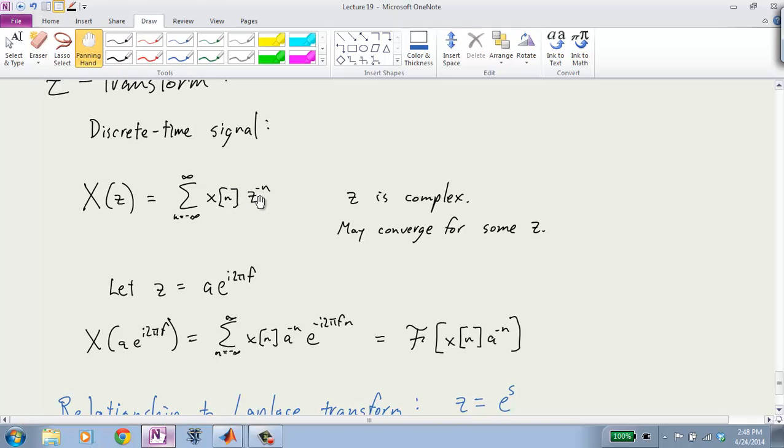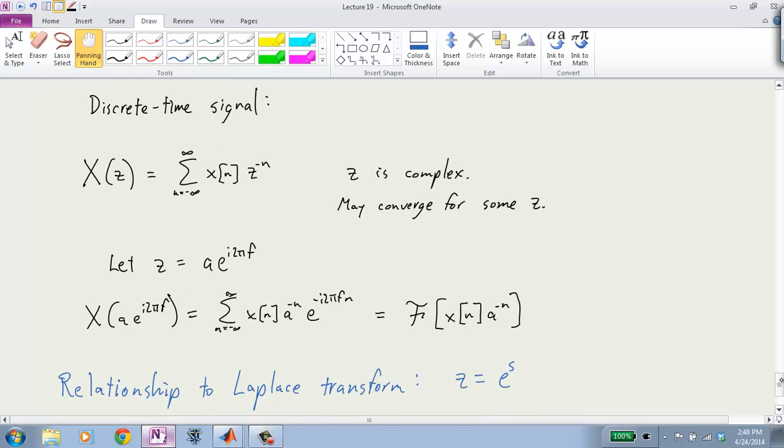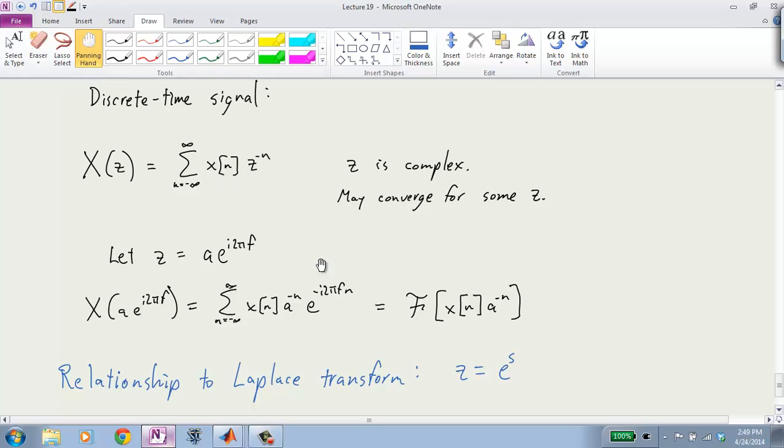In other words, every time you increased the imaginary part of s by 2 pi, you would get back to the same Laplace transform value. And so if you just change it to this notation, it kind of wraps the periodicity into one cycle. So really, fundamentally, there's not much difference between these.